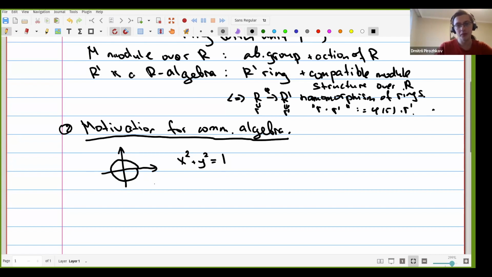But this describes solutions in real numbers. But you can also try to take this equation and look at its solutions in various other rings.